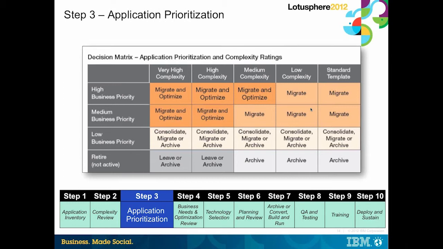I always ask developers the exact same question during these presentations. If you have the opportunity to go back and rewrite the very first Notes application you wrote when you first started learning Domino development, whether that was 20 years ago or 15 or 10 or 5 or 3, knowing now what you didn't know then, would you make different choices?